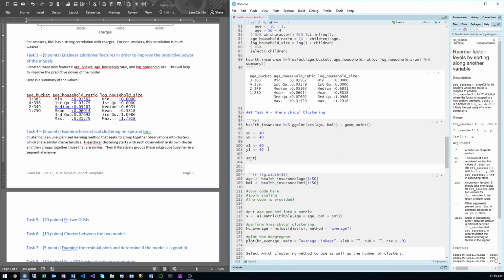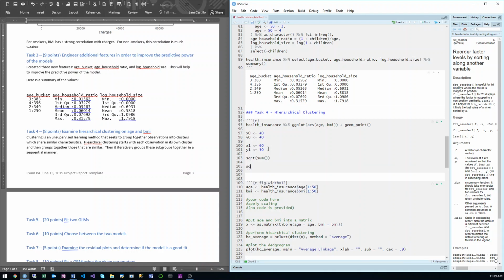You take the square root of the sum of, like, you take square root of 40 minus 60 squared plus 60 plus 40 minus 50 squared, right? That's Euclidean distance.